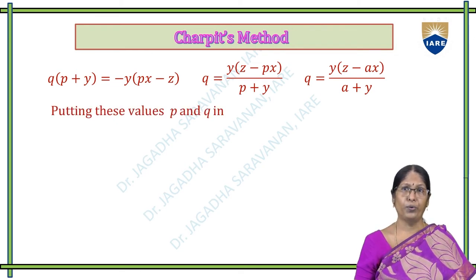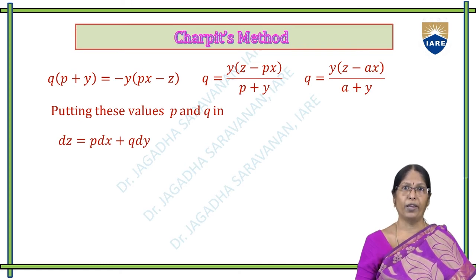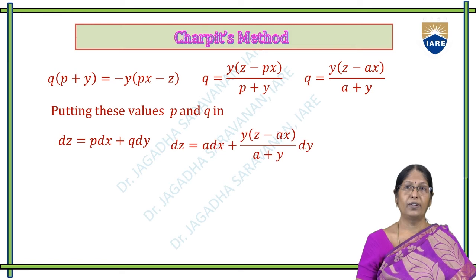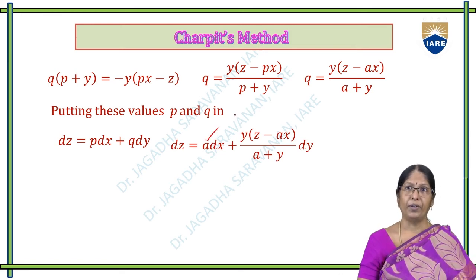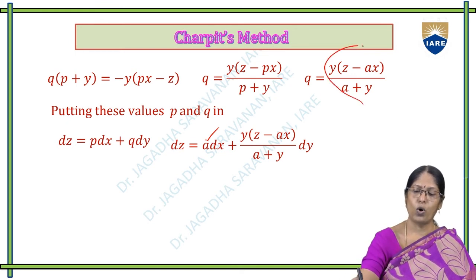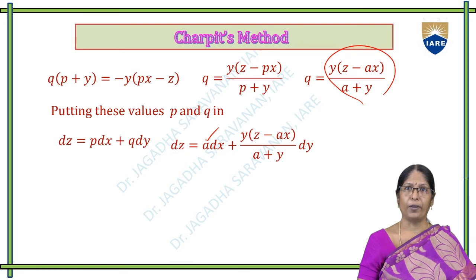Substituting these values in dz equal to p dx plus q dy, that is, dz equal to, our p is a dx plus our q is just now what we obtained, that is y of z minus ax by a plus y into dy.